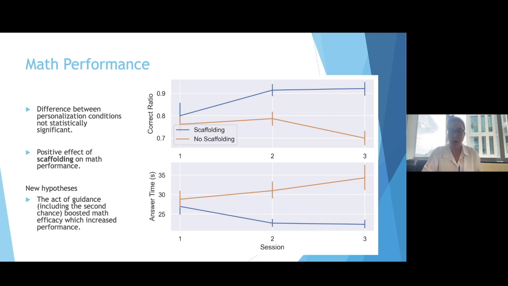After the first session, the participants made fewer mistakes and were faster to solve the math problems in the scaffolding condition. The question, however, is what part of the scaffolding caused this effect. If we look at the results, they are generally high already.